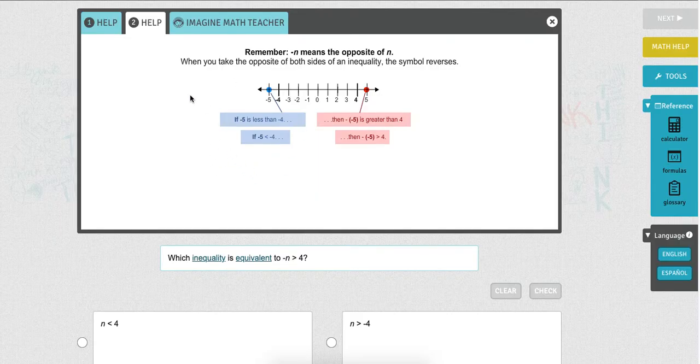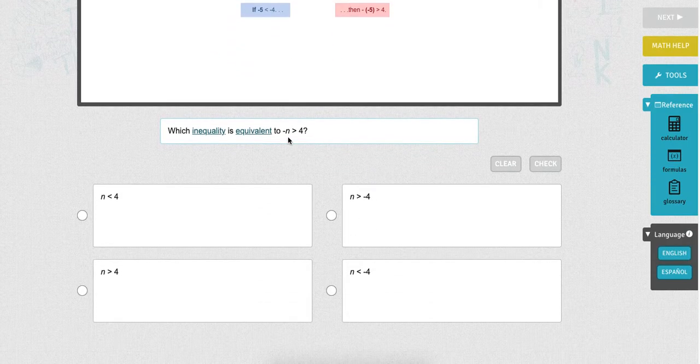If that doesn't make sense, you can always go to the Imagine Teacher. Make sure you make a guess first. But if I'm looking at this, I'm looking at the opposite of negative n is positive n, and the opposite of 4 is -4. Okay, so I know that the n needs to be positive and the 4 needs to be negative, which means this is not right, this is not right, but these two might be right.